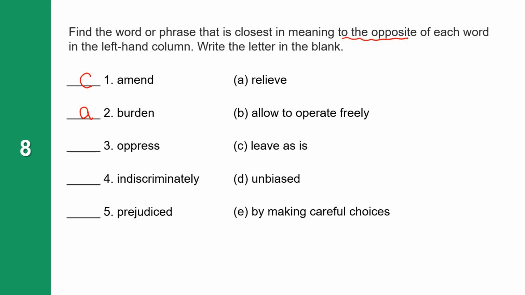Oppress. The opposite is allowed to operate freely, so it's going to be B. Indiscriminately. The opposite is E, by making careful choices, so E. And prejudiced, the opposite will be D, unbiased.